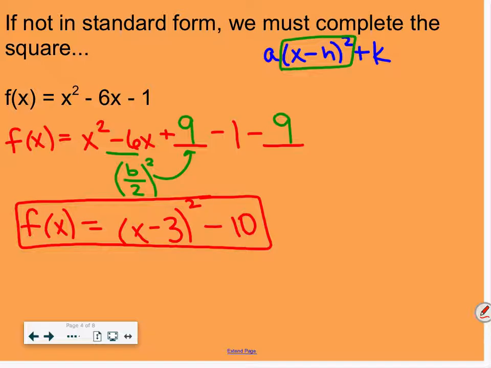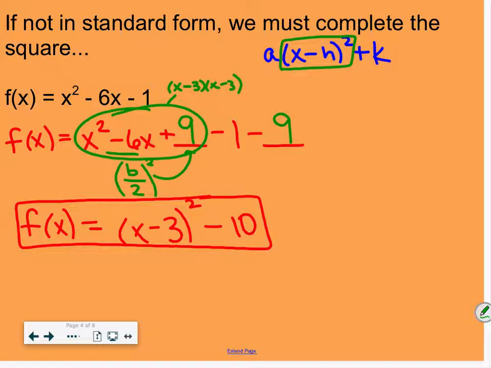Now let's talk about what we can do with it. First of all, are there any questions about the completing the square process? I'm just lost. Tell me where. How'd you get that bottom answer? This one? Yeah. So if we take x squared minus 6x plus 9, that factors to x minus 3 times x minus 3.